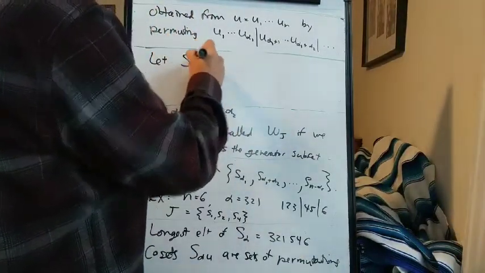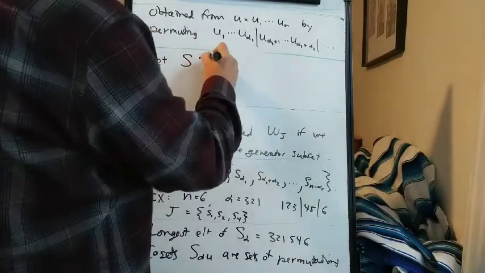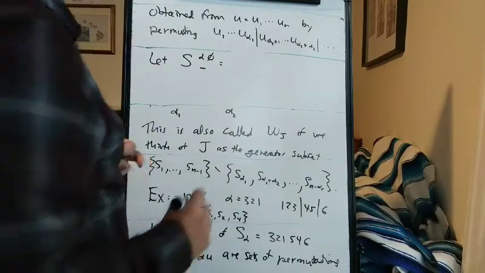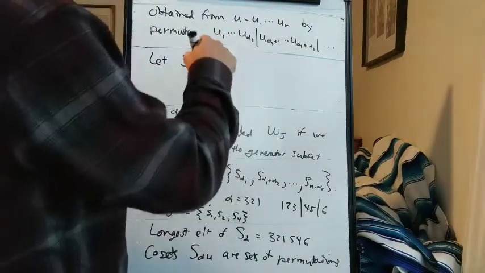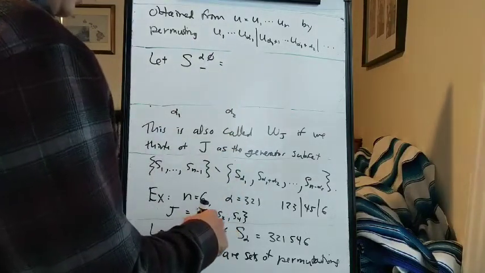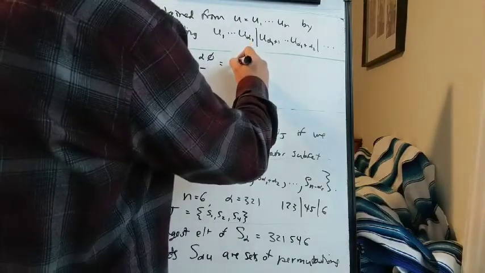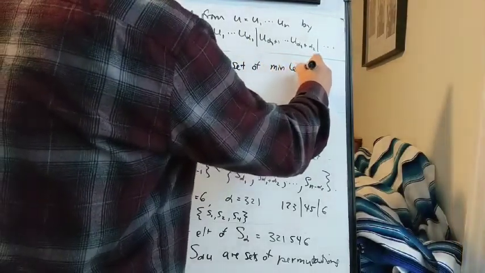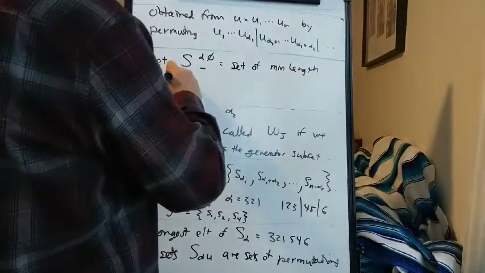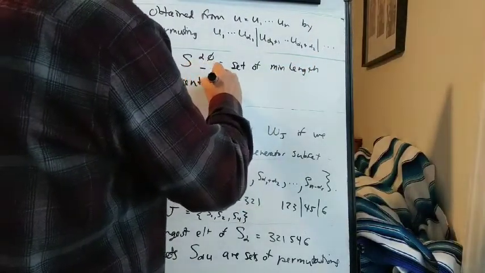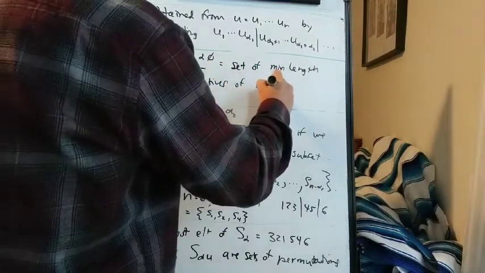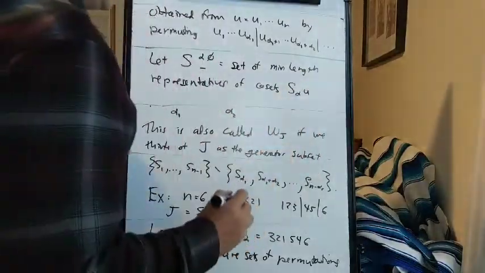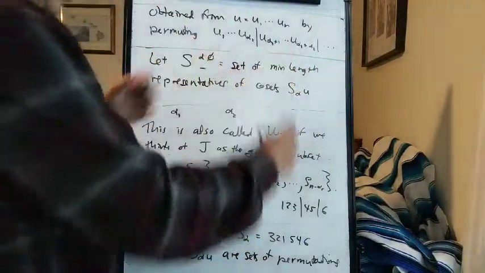Let's let S alpha minus be the set of minimum length coset representatives of cosets of the form S alpha U. So U is not fixed here.